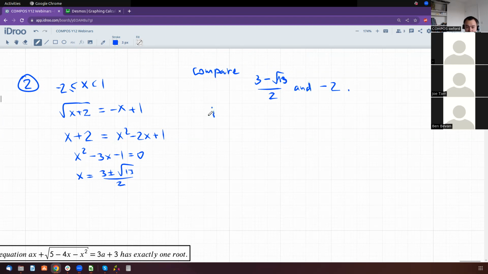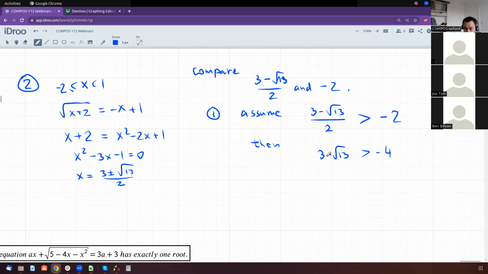So step 1, assume (3 minus square root 13) over 2 is greater than minus 2. Then 3 minus square root 13 is greater than minus 4.